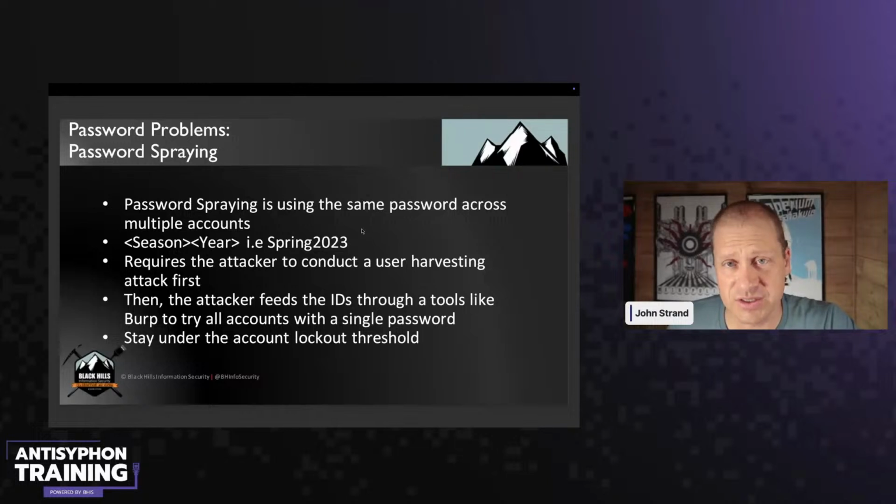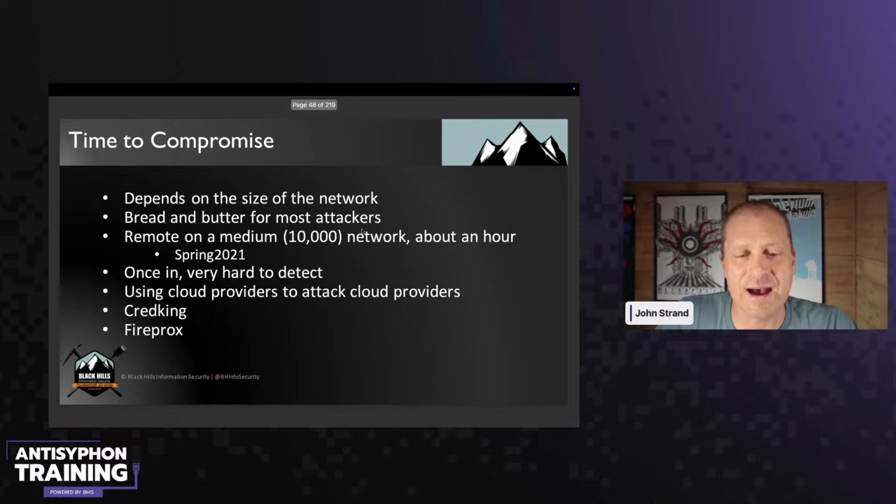That's really easy to do externally, and it's much easier to do, as a matter of fact, internally as well. The attacker then feeds those IDs through a tool like Burp, or they're going to run something like CredSniper or Password Spray Toolkit or MailSniper. We have all these tools that we use for doing password sprays in that environment. You're going to be doing this in a little bit with a lab that we have.